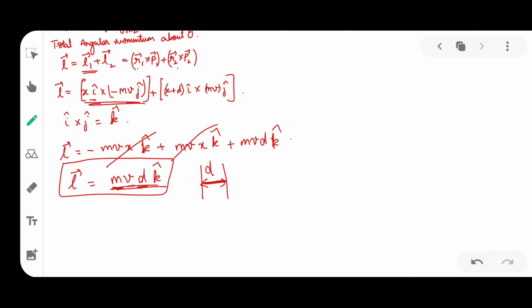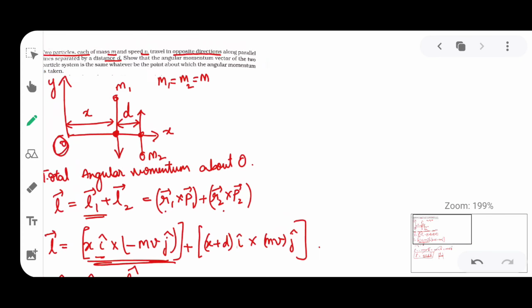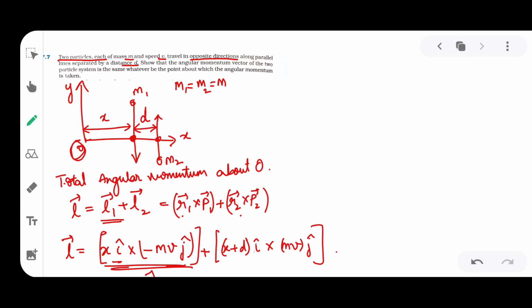That is what we had to prove. They have said whatever be the point about which the angular momentum is taken, so we have to prove that the angular momentum remains constant.